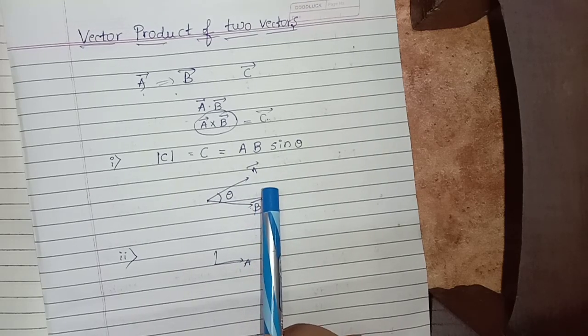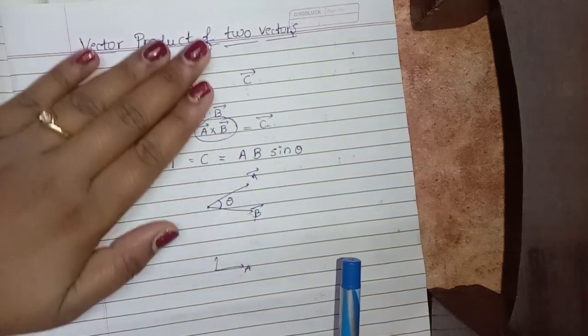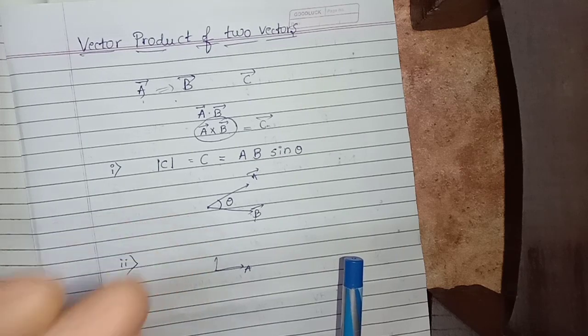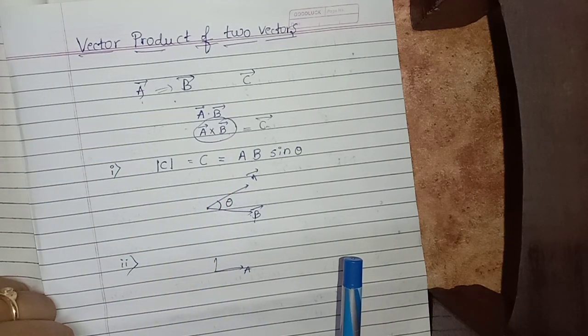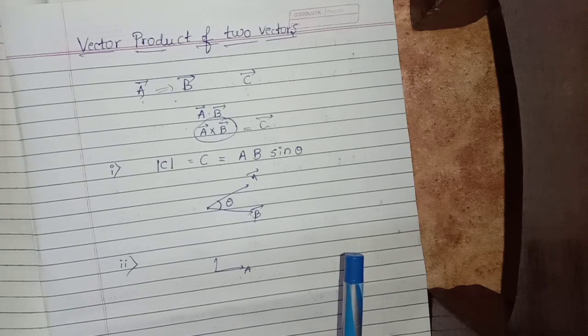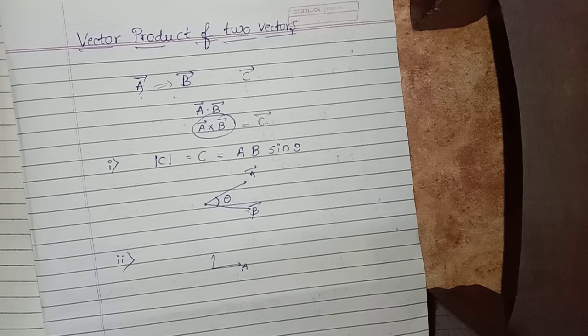And the direction: if A and B are lying in this plane, C is perpendicular to that plane. It can be given by the right hand rule or right handed screw rule. I will explain in detail in the next class.